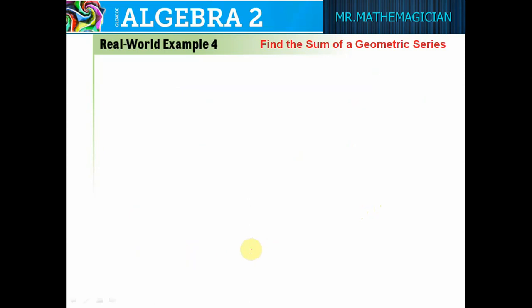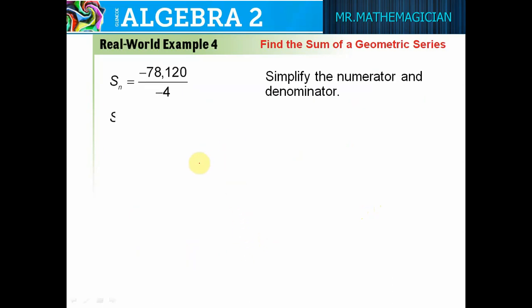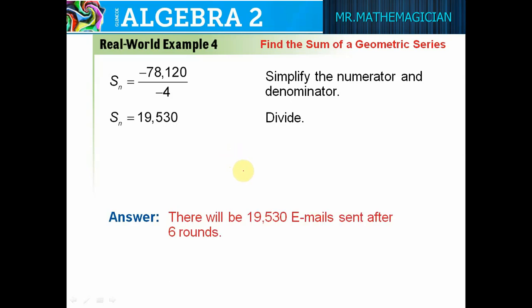Using your calculator, you can find it as 19,530 posts. So there will be 19,530 posts sent after 6 rounds.